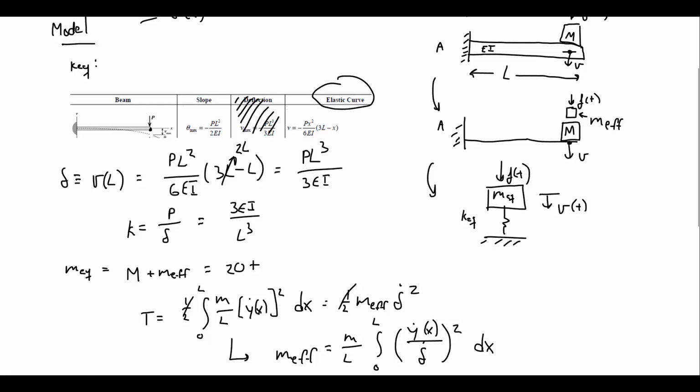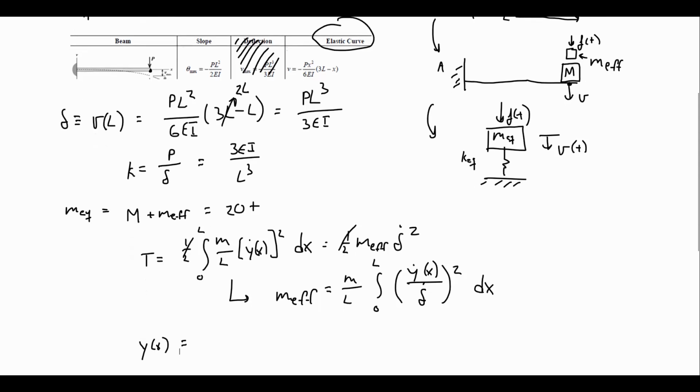It's just the deflection. So in general, this y of x is going to use the same thing that we used above, but it's just the general x version of it. So it's just going to be, again, ignoring the negative sign here, P x squared over 6EI times (3L minus x).